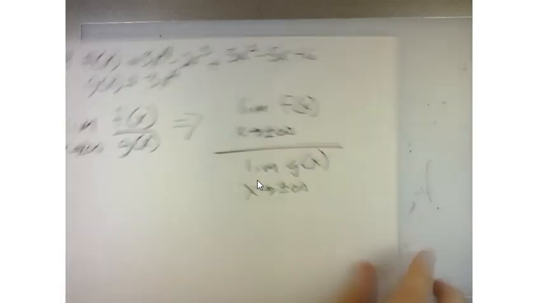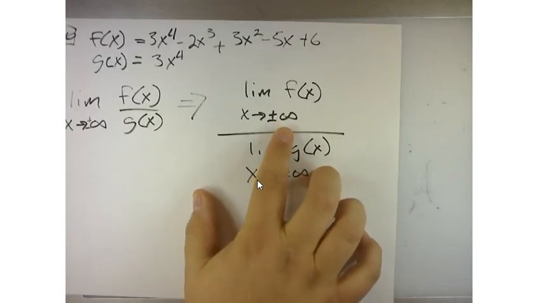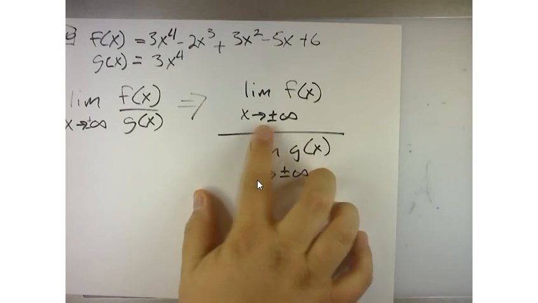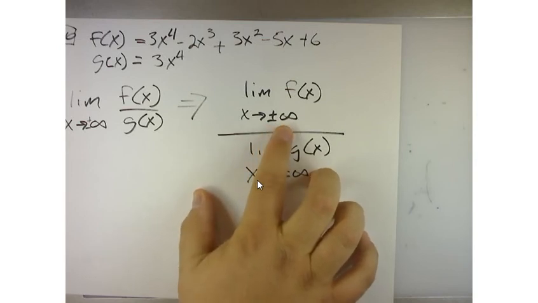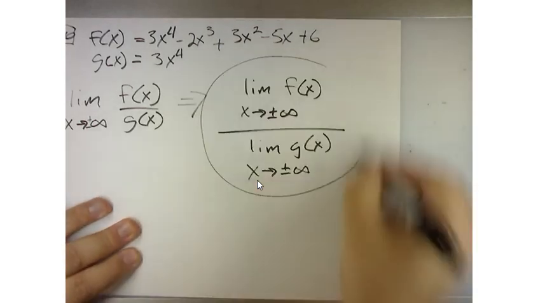That was the point I was trying to make: this works when we're approaching a value or a number. If you look at the properties, we said x approaches c. And so this wouldn't work. That was what I was trying to prove to you. So I'm not even going to do it today for time's sake.